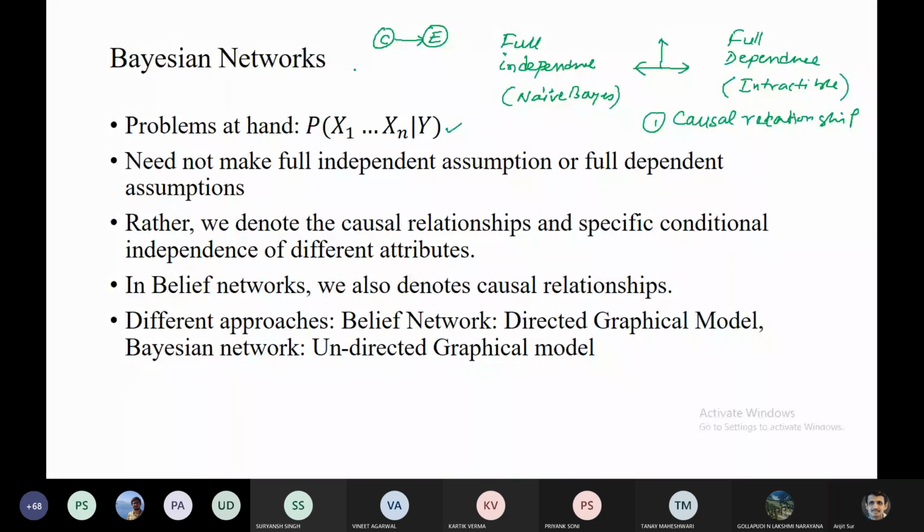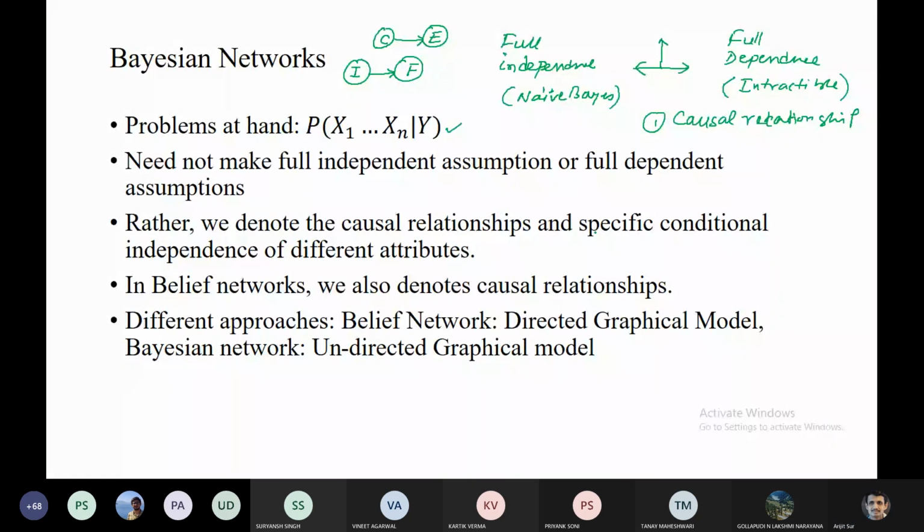If you have influenza, then you may have fever. This kind of thing is called a causal relationship, a cause-effect relationship. So one possible understanding for this kind of in-between dependence and independence is to find the causal relationships between the variables.